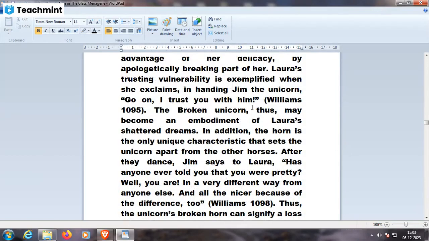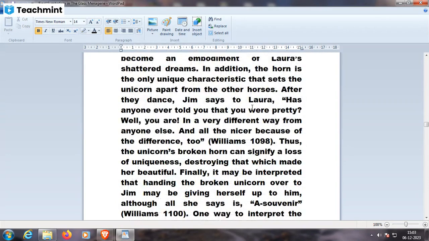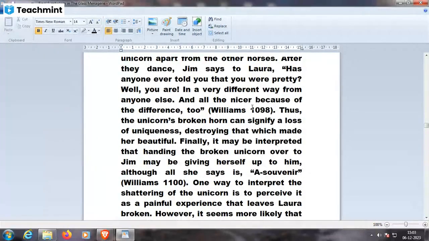Thus, the unicorn's broken horn can signify a loss of uniqueness, destroying that which made her beautiful. Finally, it may be interpreted that handing the broken unicorn over to Jim may be giving herself up to him, although all she says is a souvenir.